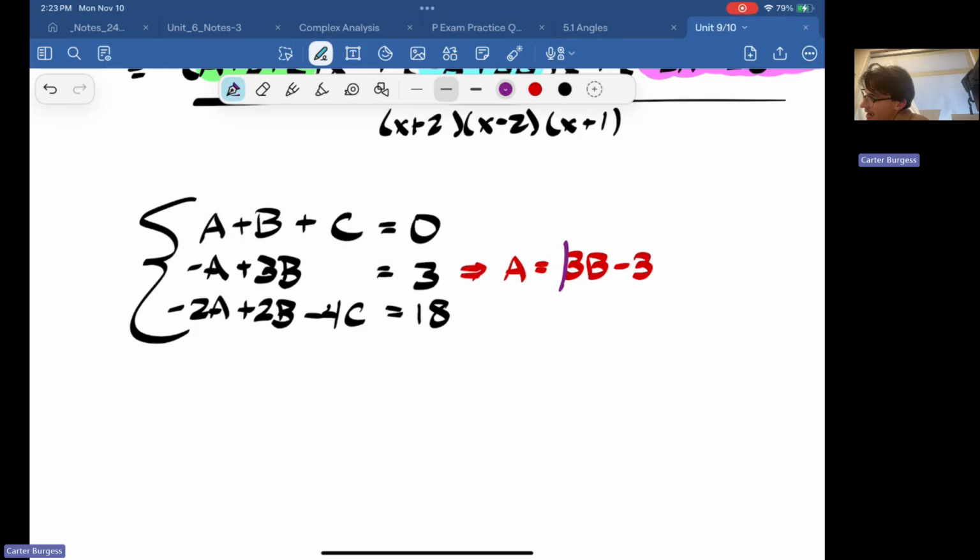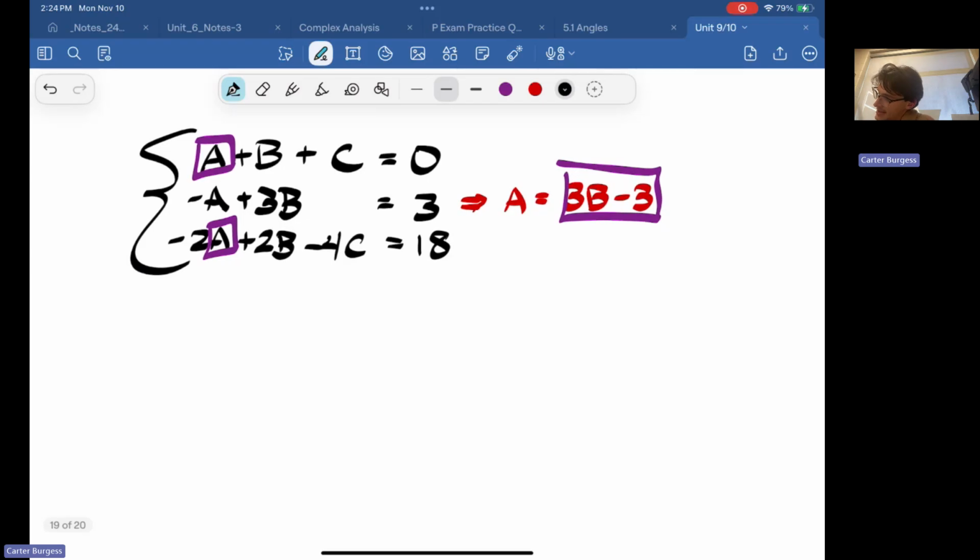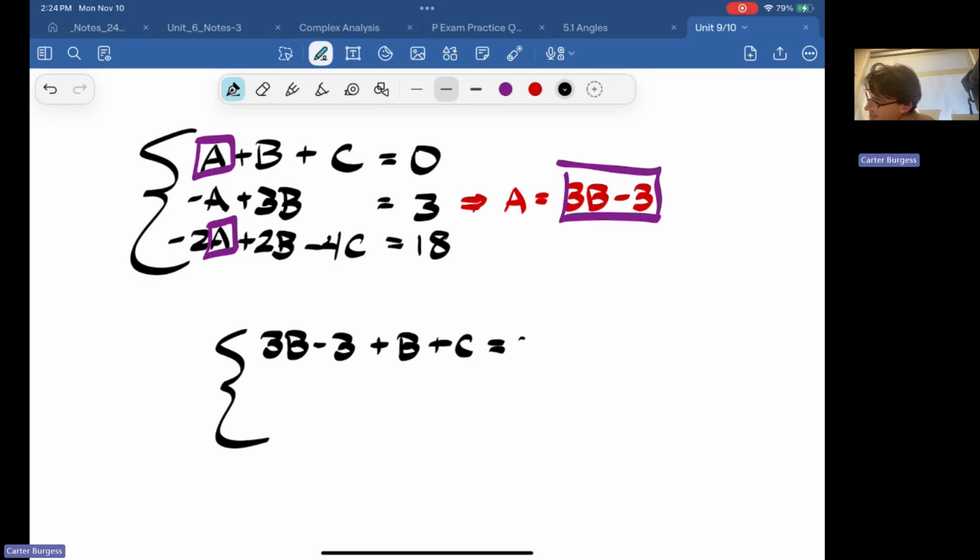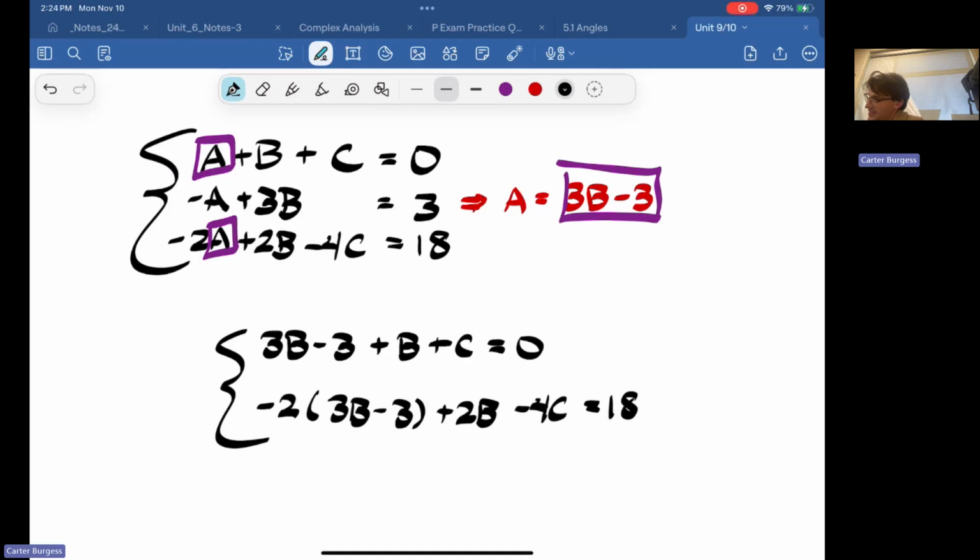And from there, I can take this and replace it where else I see a. So in this case, 3b minus 3 plus b plus c is equal to 0, and negative 2 times 3b minus 3 plus 2b minus 4c is equal to 18.